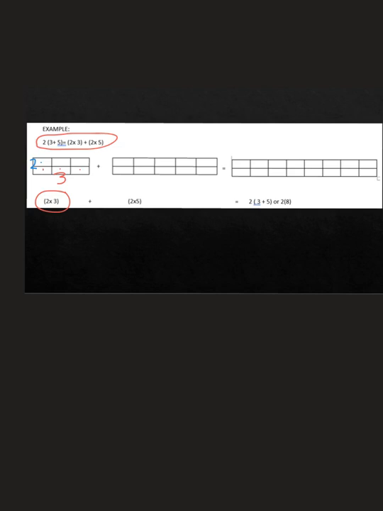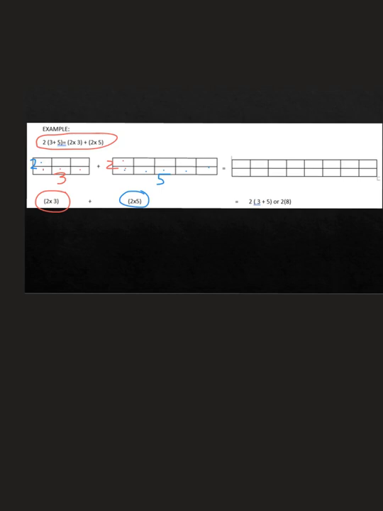Our second array has 2 rows and 1, 2, 3, 4, 5 columns. So that would be a 2 by 5, and our multiplication problem would be 2 times 5. Now the distributive property combines those two.